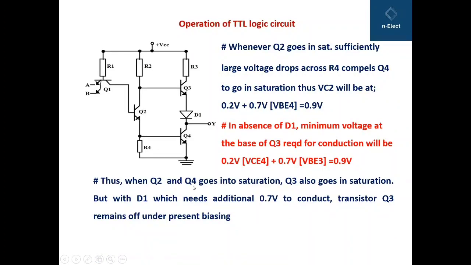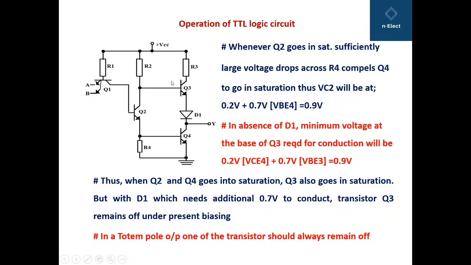Thus when Q2 and Q4 go into saturation, Q3 also goes into saturation if diode D1 is not there. But since diode D1 is there, which needs an additional 0.7 volts to conduct, transistor Q3 remains off under present biasing.